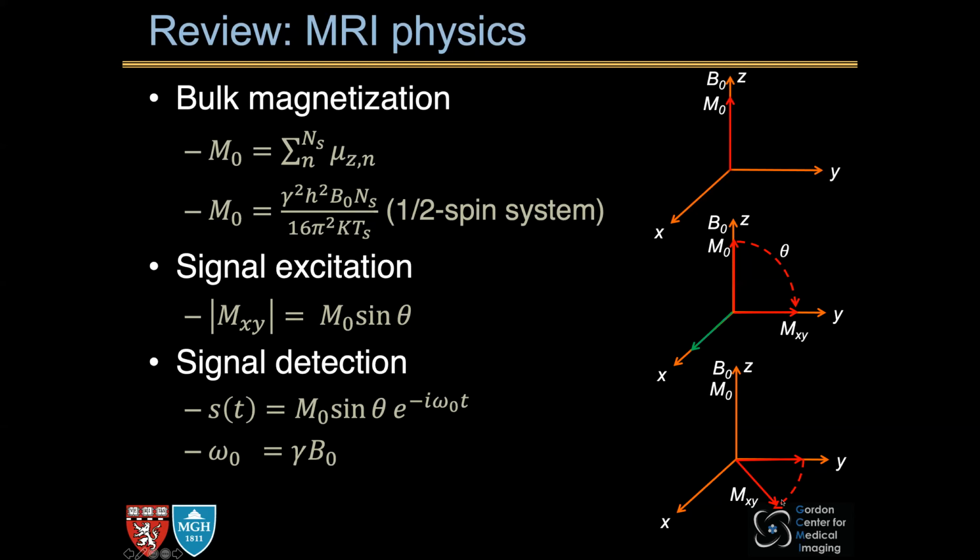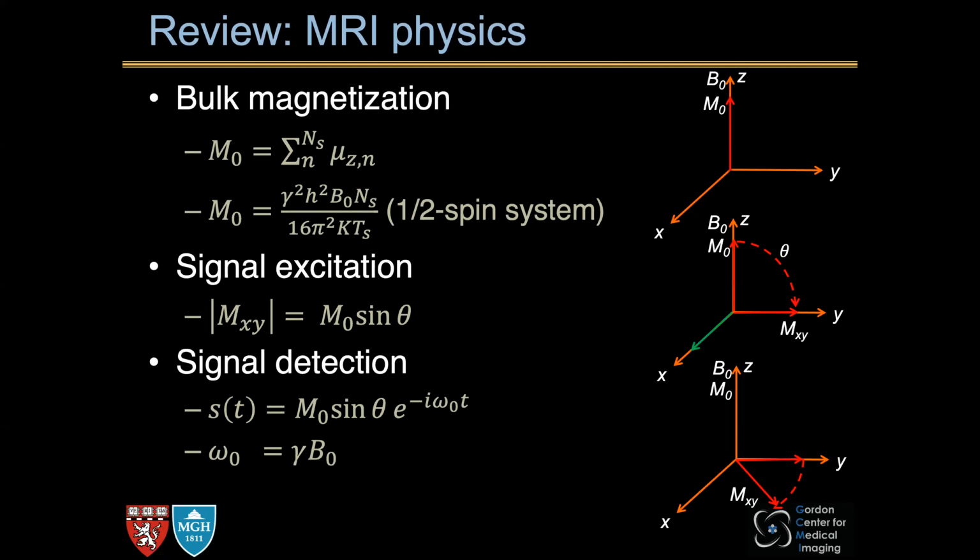So it is this rotating magnetization in the transversal plane that generates detectable NMR signals. This is basically the principles of NMR physics, a quick review.